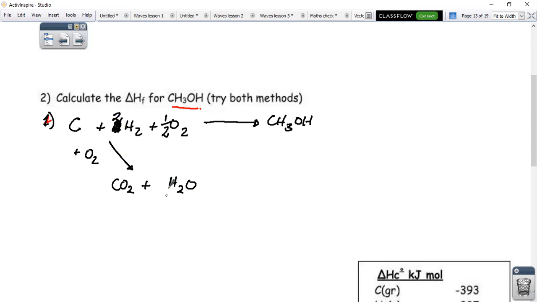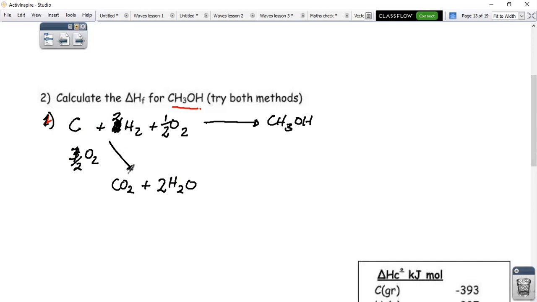So how much water do I get here? If I've got 2H2 and it reacts with oxygen, I should get 2H2O as well, isn't it? Okay. Therefore, I'm reacting it with 1.5, or 3/2 O2.